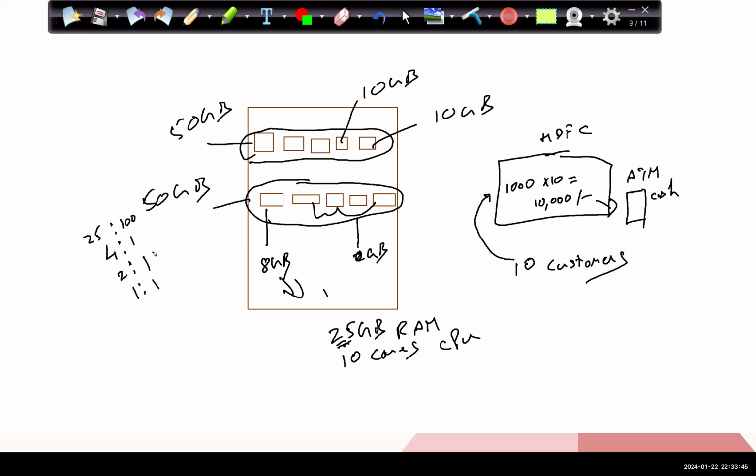So if the need is 100, I will go with 50 GB RAM. And then business mission critical machines.